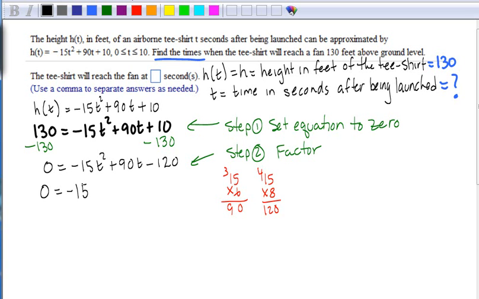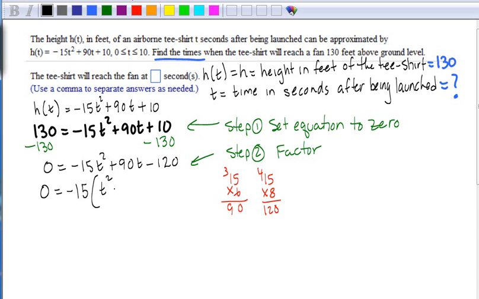The reason I'm taking out a negative is also that when I'm factoring a trinomial, factoring out the 15 is really going to help, because it's going to make these numbers smaller. But I do not like the first term to be negative. I think it's really tough to try to factor trinomials when the first term is negative. So that's why I'm taking out a negative 15 as well. So I'm just going to divide a negative 15 into each of these. So this would be a t squared.